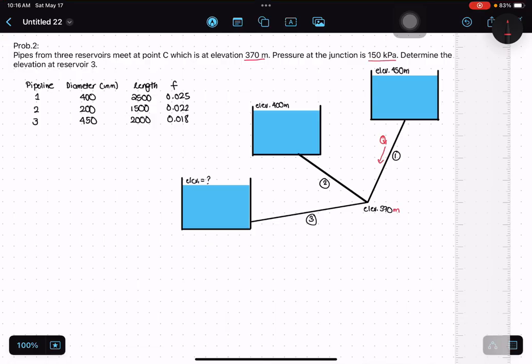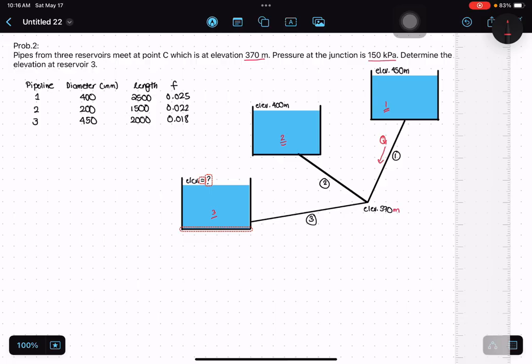Kasi what if yung elevation natin sa water surface na 3 is mas mataas pala kaysa sa elevation ng reservoir 2, diba? What if baka hindi accurate yung figure? So, wag muna tayong mag-conclude. Now, yung tanong is yung sa reservoir 2, will it be supplying or will it be receiving?